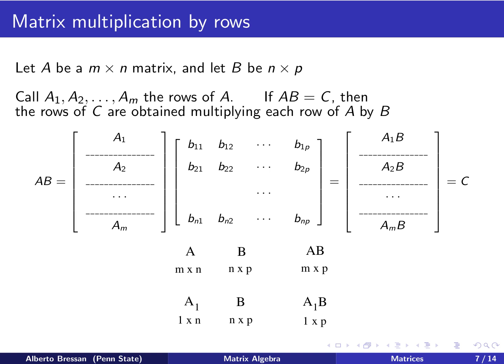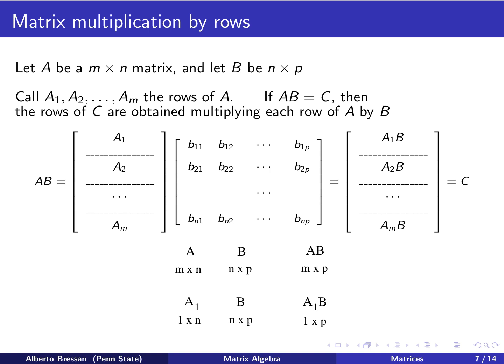So we make this observation that A times B, the product here: if A is M times N and B is N times P, then A times B is a matrix M times P. And if we take out the first row of A, call this A1, which is a row vector, its size is 1 times N. And then if I take the B matrix again, it's N times P, so this N matches this N, I can do the product.